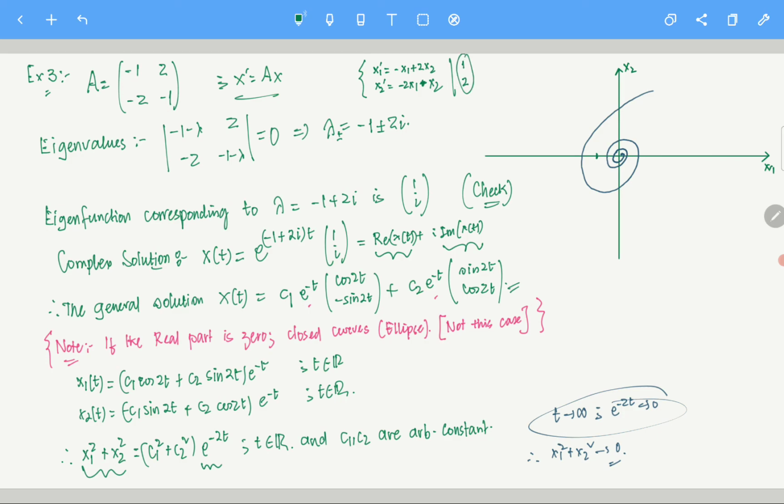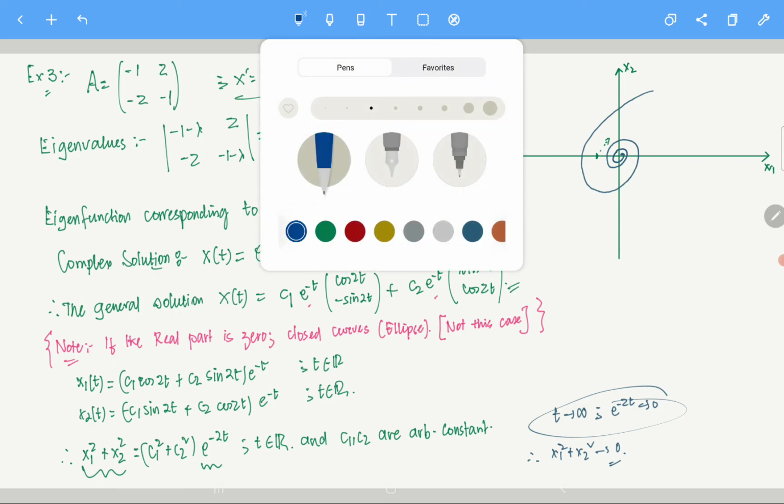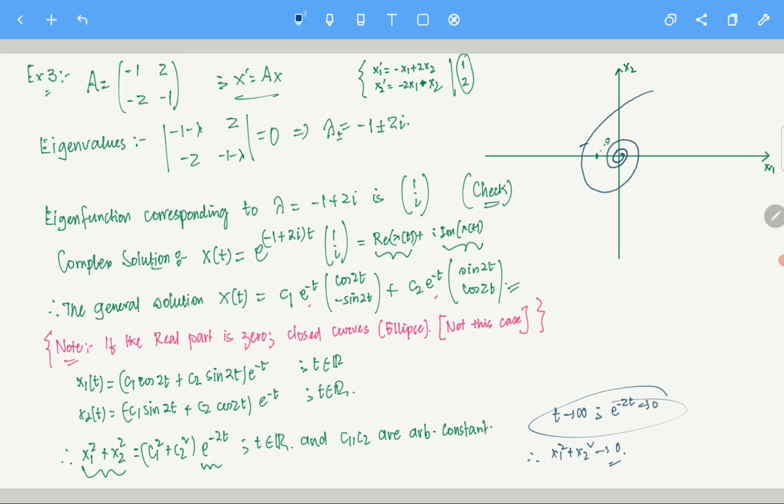So basically the direction field in that point is in the direction of 1 and 2. So it is in this direction. So you see this curve, this will actually be in this direction, counterclockwise. Clear? I hope this is clear.